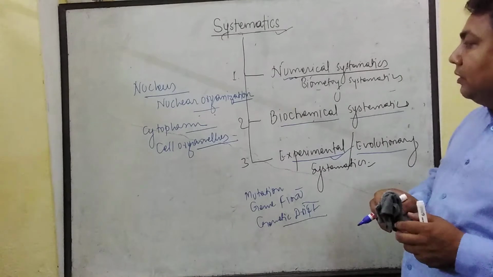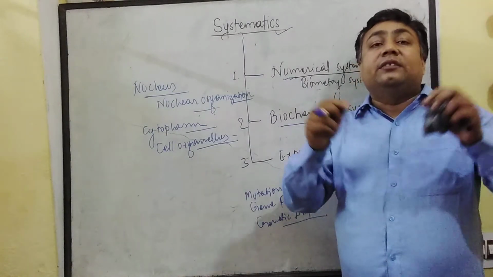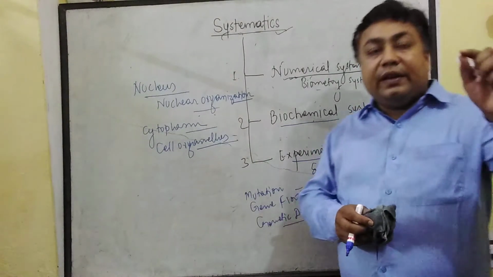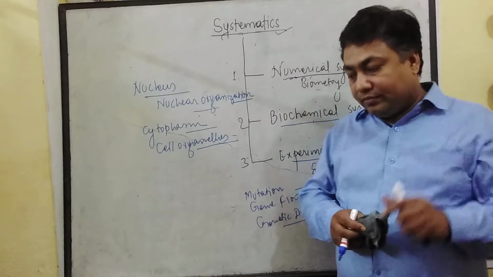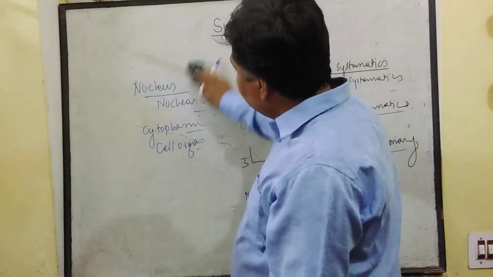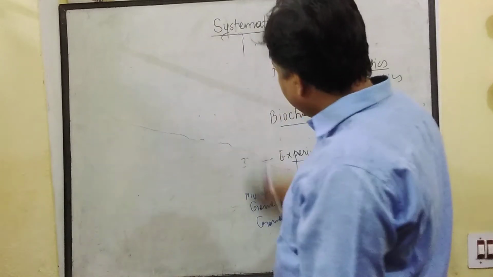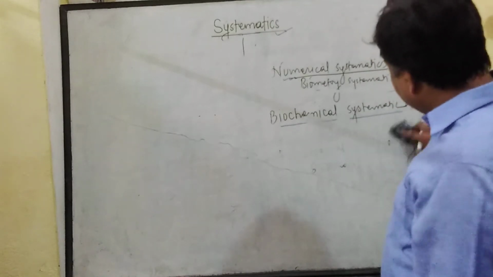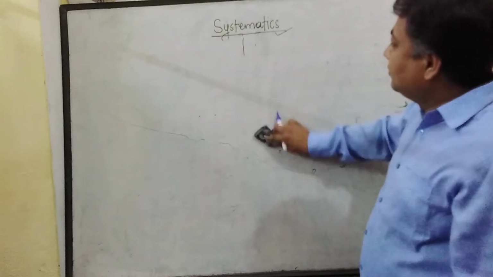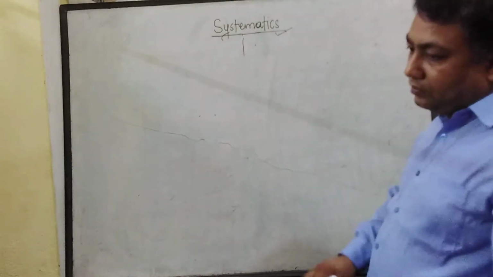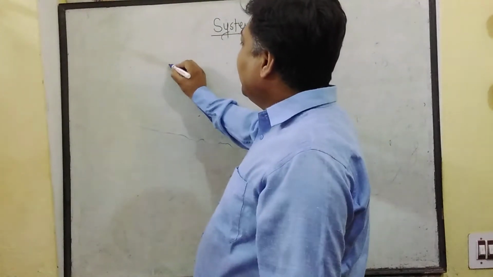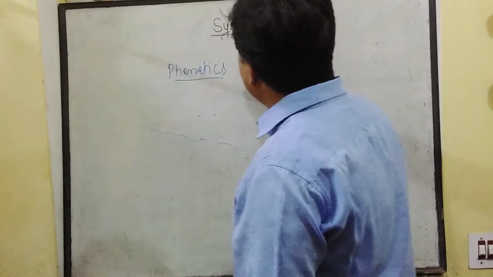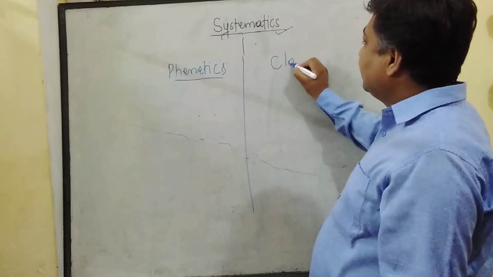Now there are two terms which come as rivals in the field of systematics. These two terms are phenetics and cladistics.